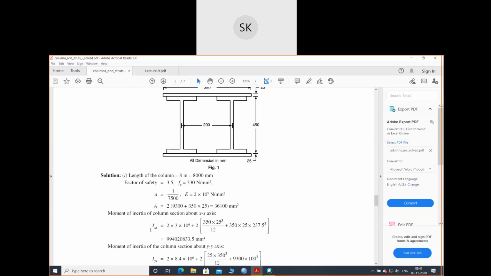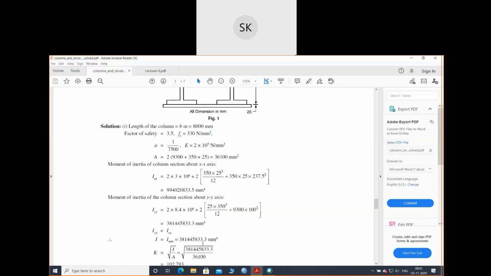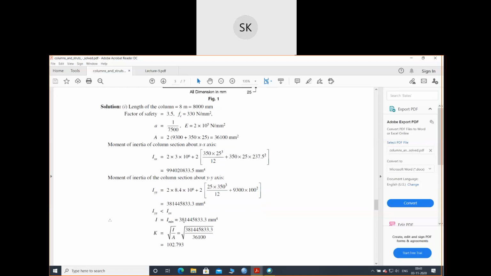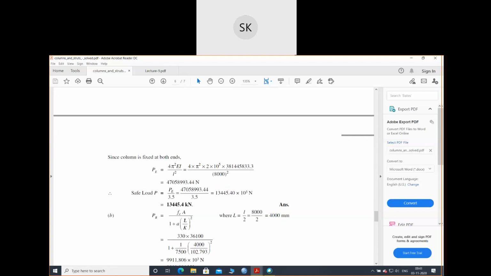They have found out Ixx and Iyy, the moment of inertia about the x-axis and the y-axis, and after finding out, they have taken the minimum value. Place the value.